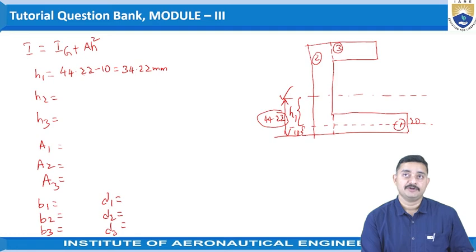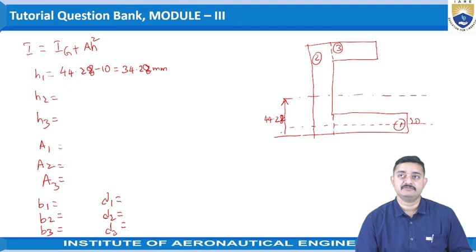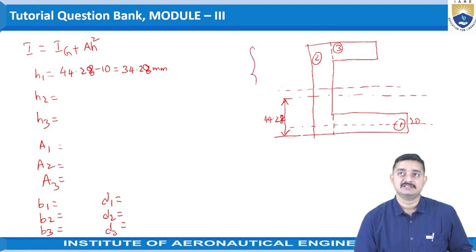So this is 44.28 which we have obtained. So that would be 34.28 mm. And now H2. H2 is the distance of the centroid of the second part. Let us say the centroid is passing here. The total distance is taken as 120, isn't it?